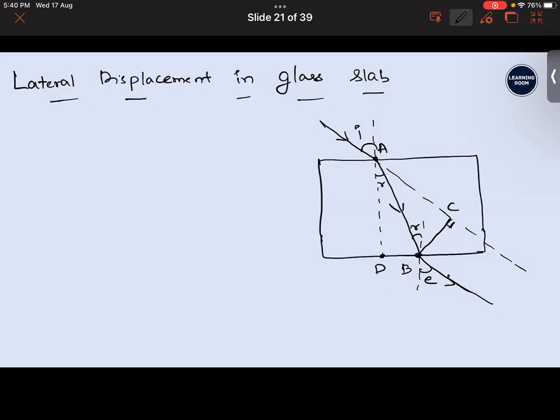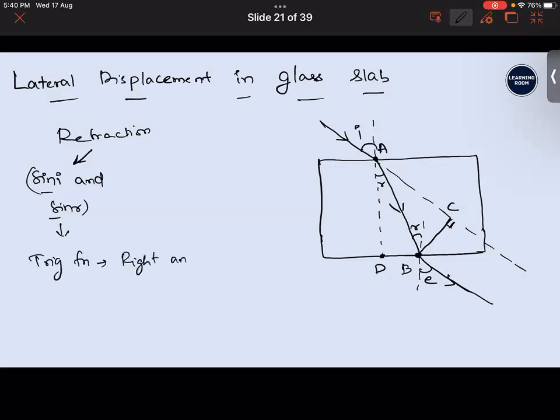Now remember, wherever you talk about refraction, then the laws of refraction has to be applied. So in one of the laws of refraction, if you observe, you have sin I and sin R. Means you have sin, which is a trigonometric function, which demands a right angled triangle.